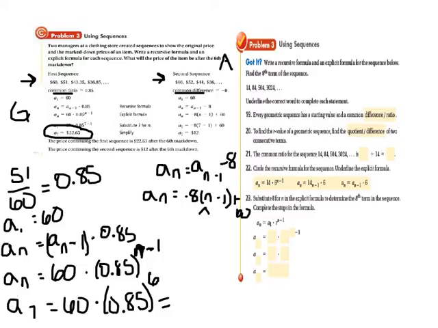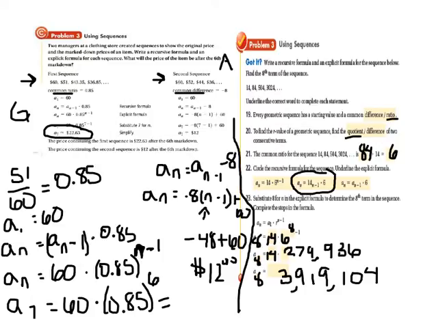If we plug a 7 in here, I have negative 8 times 6, which is negative 48. And then we add that to 60, and we get $12. Go ahead and pause the video and work on problem 3 on your sheet.